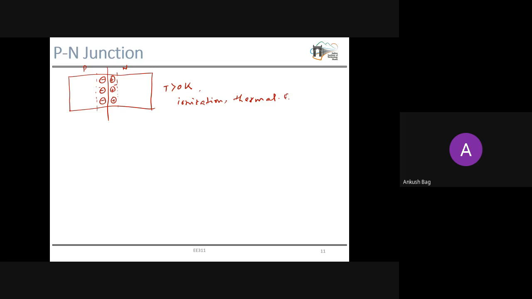From the previous module, if we remember, due to this thermal energy there is a random thermal motion. All these carriers will have random thermal motion.